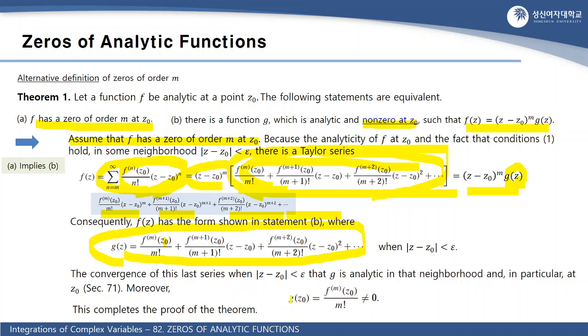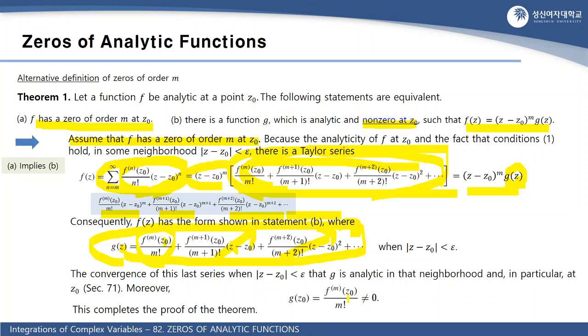And also g(z0) is here. If we insert z0 in the place of z, then this term is 0 and this term is 0, so we get this.